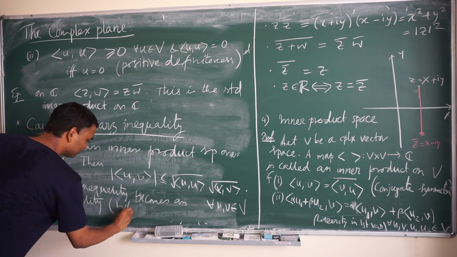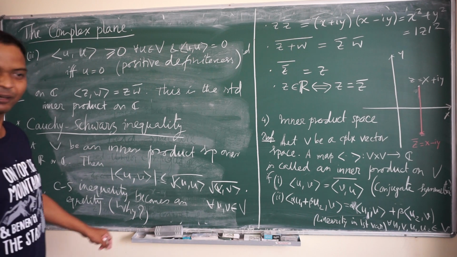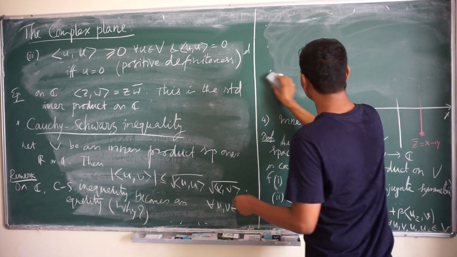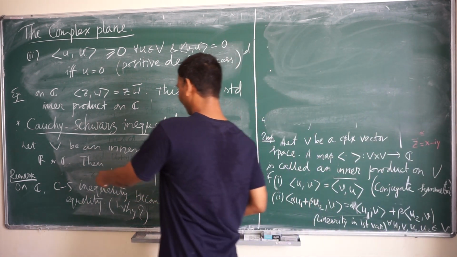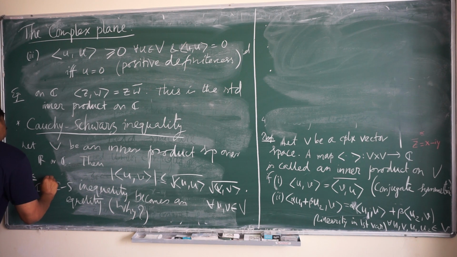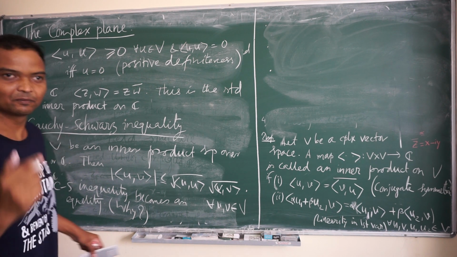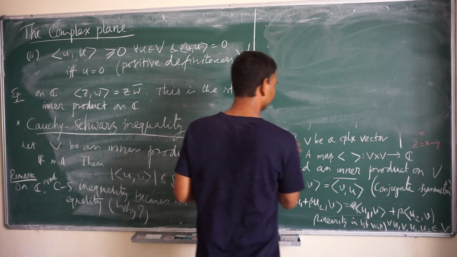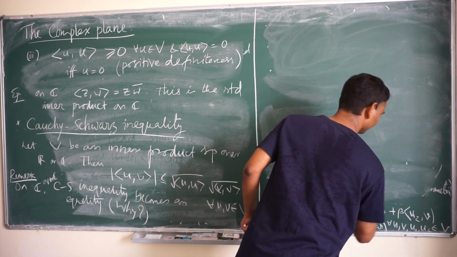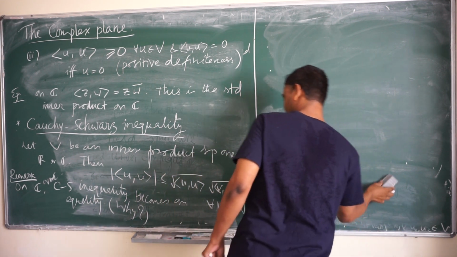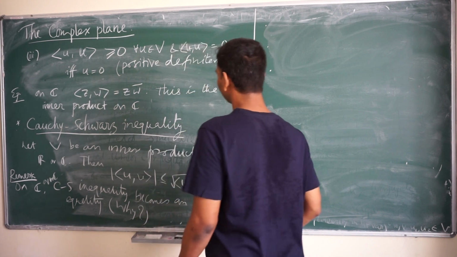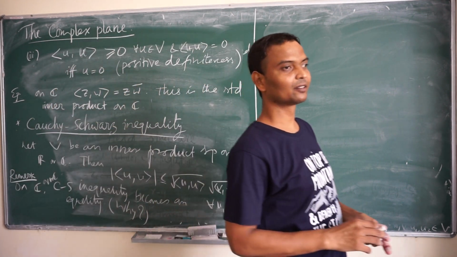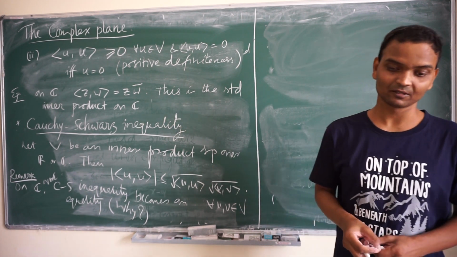Maybe you can think of why this is so. That might be interesting. So C as a vector space over C, the Cauchy-Schwarz inequality becomes an equality. This inner product structure will be very important for us to calculate the angle between two vectors or two complex numbers.